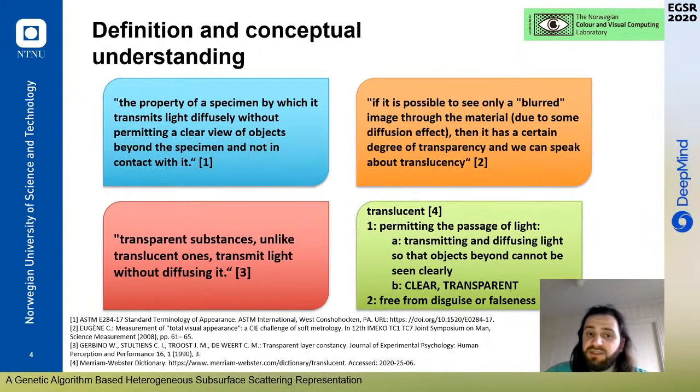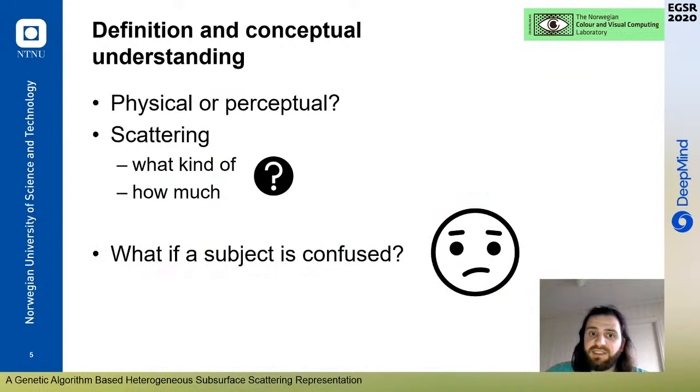So this disagreement exists because the definition does not say what the relation is with physical properties or perceptual properties. When we define translucency and talk about it, what do we mean? Do we mean translucency as a physical material property, so the description of the subsurface light transport, how the light is absorbed and scattered inside the volume, what the phase function is?